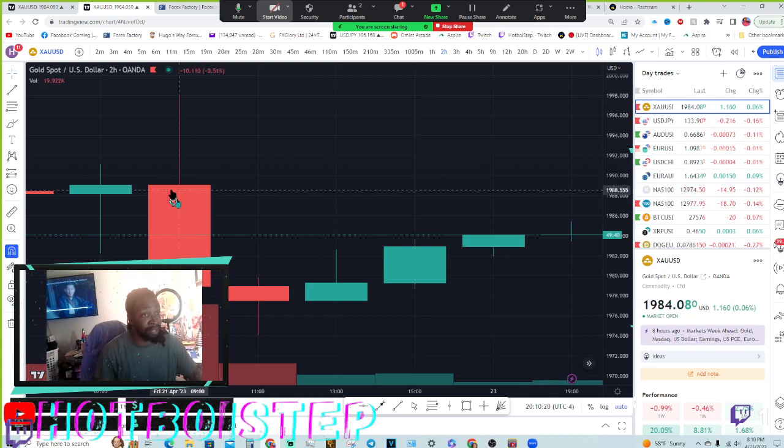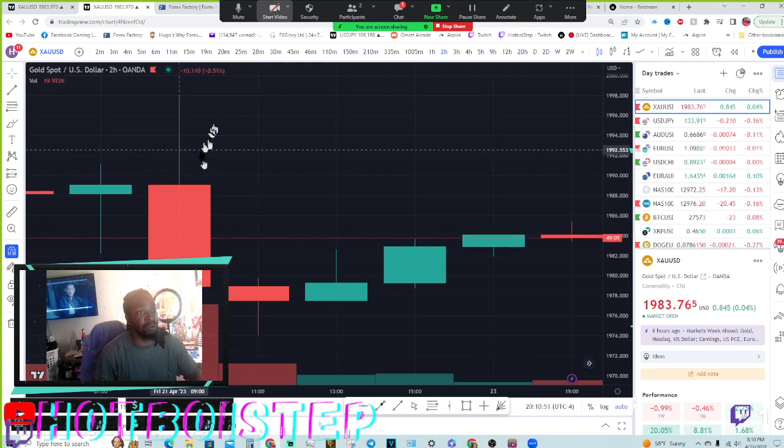But we have these lines on top of the candles called wicks, and these wicks just signify that the price went there somewhere within this time frame. So for this red candle right here, it started off at 1989 and it ended at 1978. That means it started off here, but somewhere along the time frame it could have gone way up in the air.